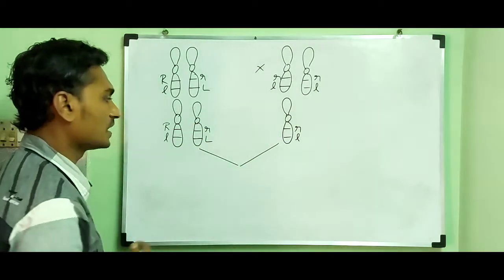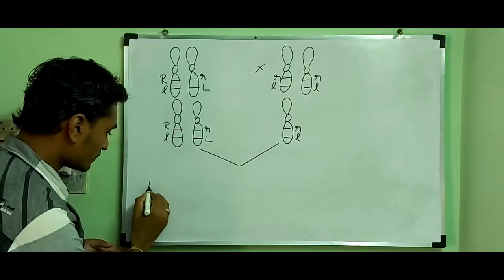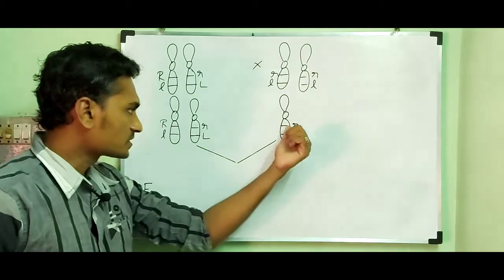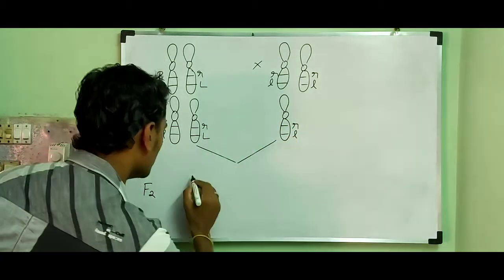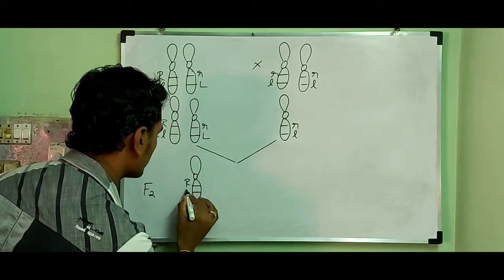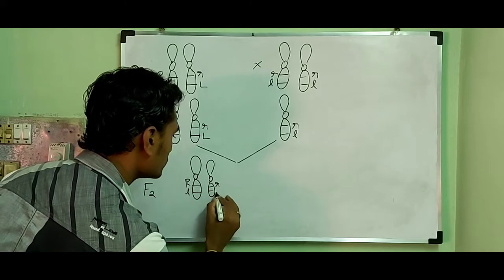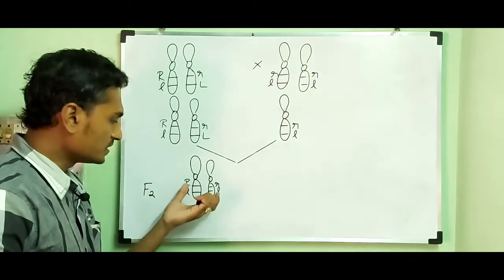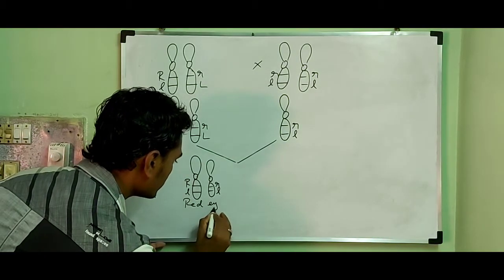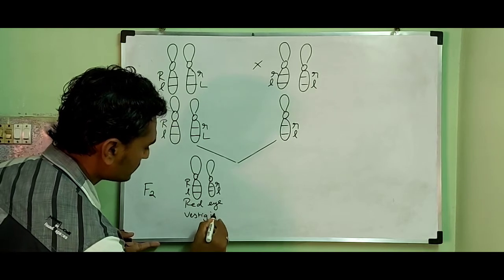Fusion of gametes takes place, resulting in the development of the F2 generation. Capital R, small l crossed with small r, small l gives capital R, small l, small r, small l, and the individual shows the phenotype red eye with vestigial wings.